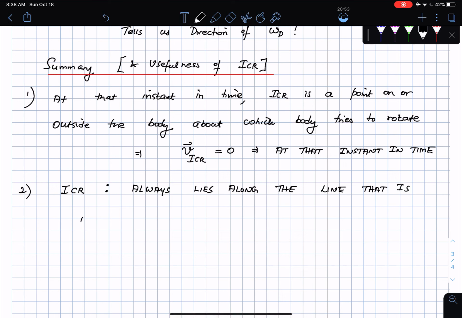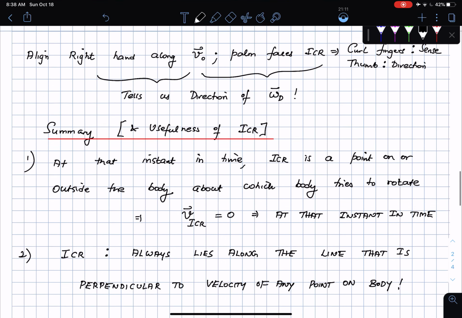That is perpendicular to the velocity of any point on the body. And case in point is this disc here.